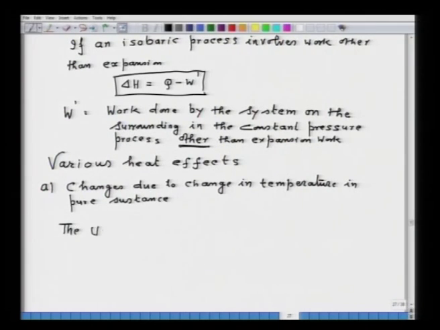The universally accepted reference temperature, I hope you know from your elementary course on thermodynamics, is 25 degree Celsius or 298 Kelvin, because the enthalpy at 298 Kelvin or 25 degree Celsius is taken equal to 0. Therefore, the change in heat content is defined with reference to the enthalpy content at 25 degree Celsius.